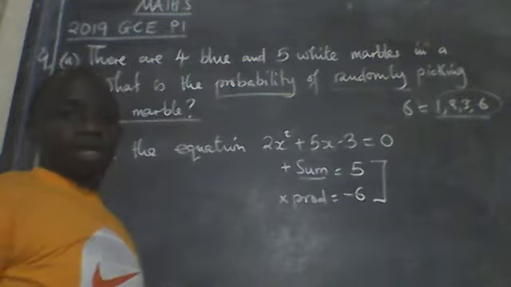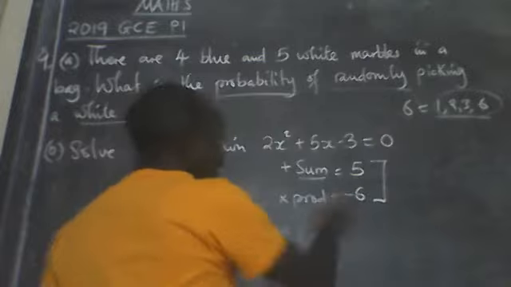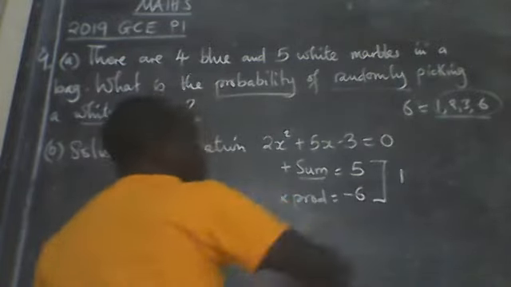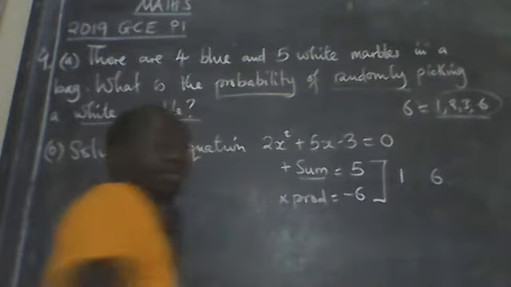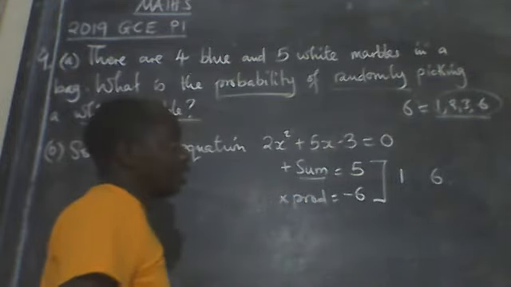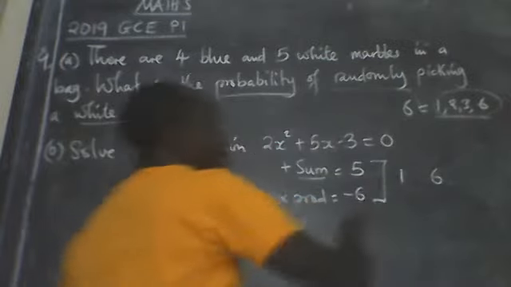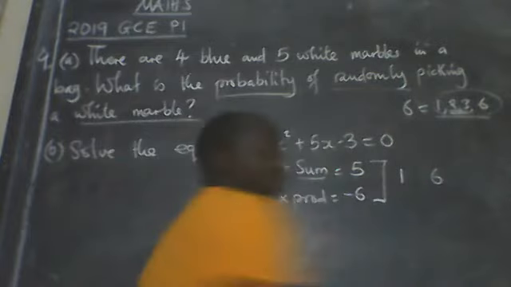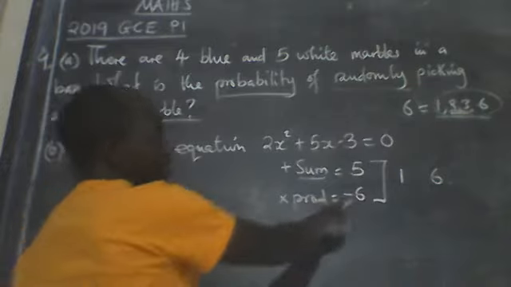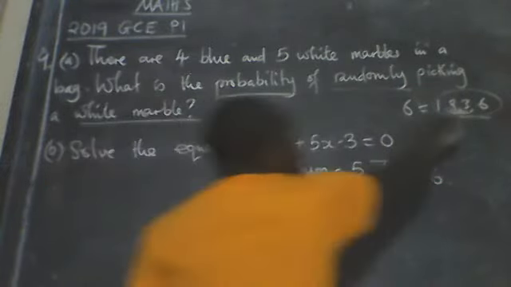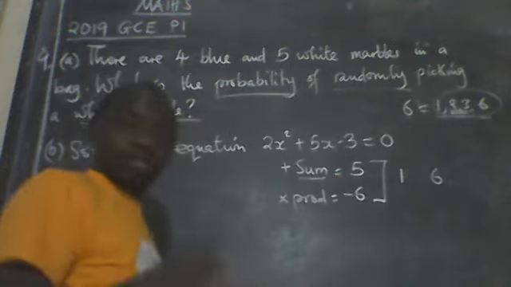So what are the two numbers that I can multiply and add? You agree with me that there will be 1 and 6. Even these two can give me what I want, but they will not qualify. Reason? There is a negative somewhere. So these will not qualify, even if you test, you get that.